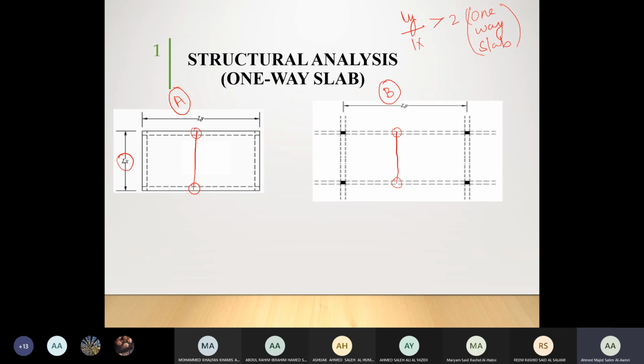How many types of supports are there? In general, once again, how many types of supports are there? I'm not talking about these two pictures now.